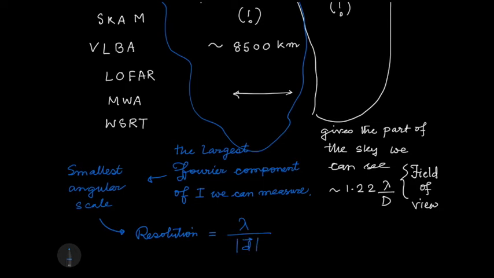So the largest Fourier component is d_max, the maximum baseline, by lambda, and lambda by d, which is the inverse of that, is the resolution.